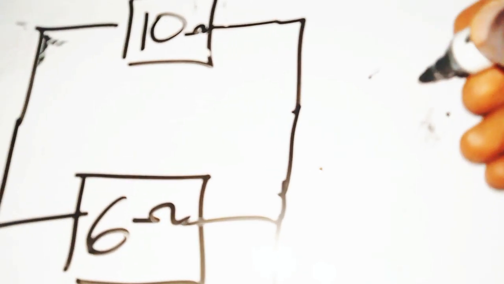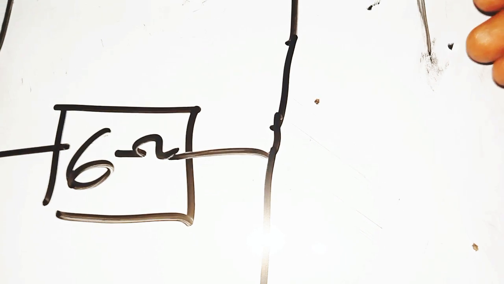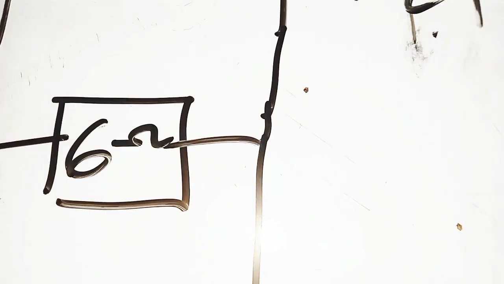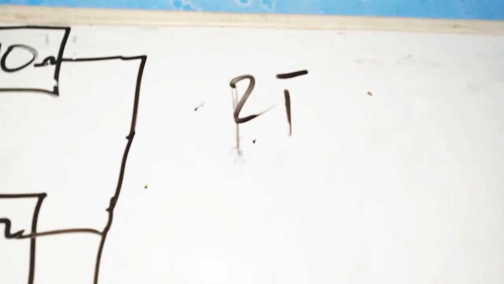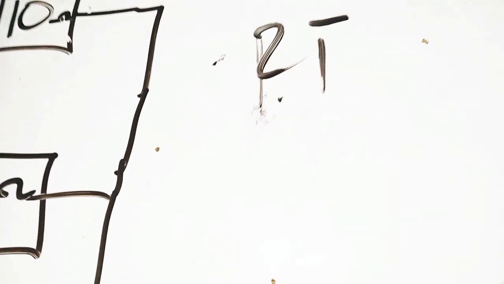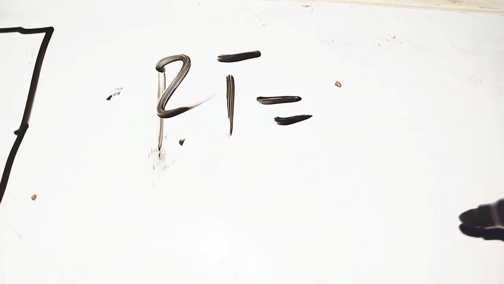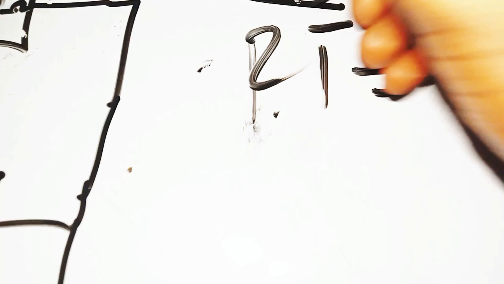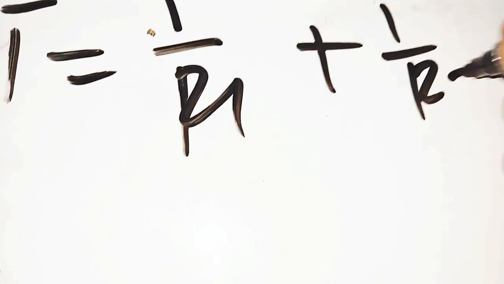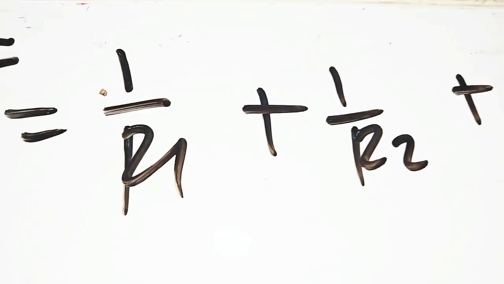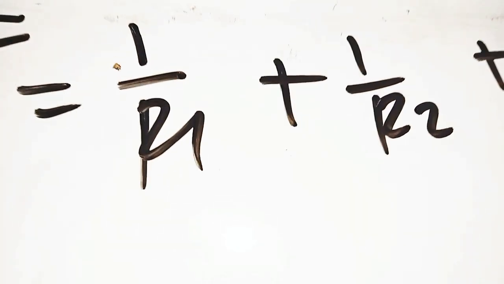So here I have my RT. We are asked to find our RT. So RT, sorry, I have to put one at the top. So 1 over RT is equal to 1 over R1 plus 1 over R2 plus 1 over R3.